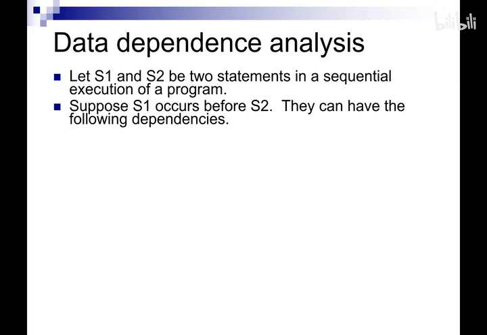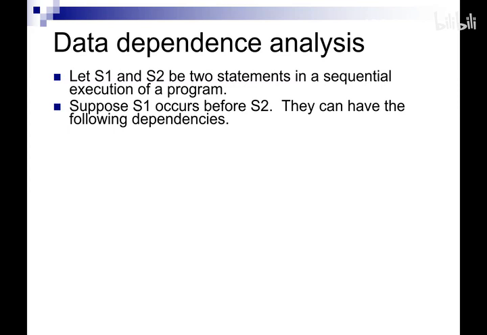So we need to make sure that anything we do to the program, any transformation or parallelization, maintains the same output as the original sequential program. Therefore, if these statements are dependent, we have to make sure they execute in the order S1 and S2, even when you parallelize.